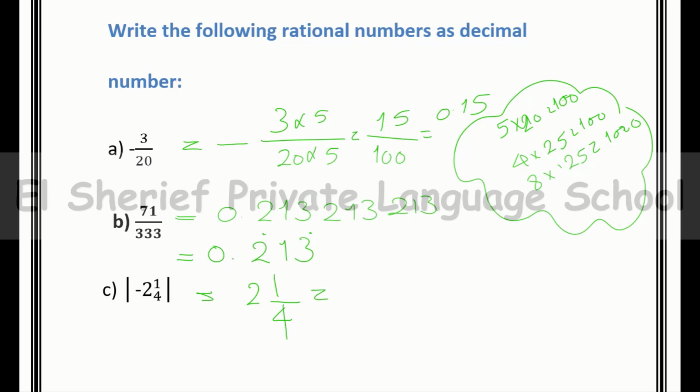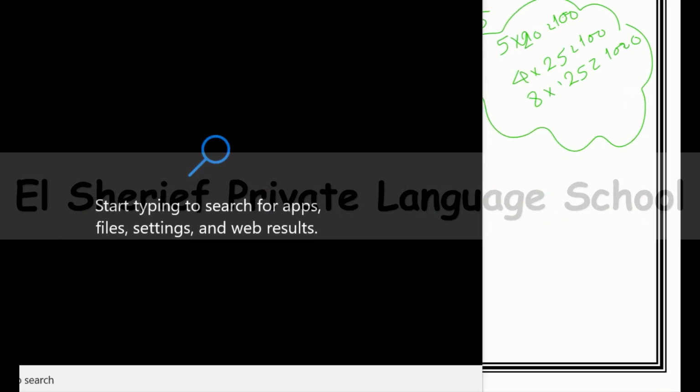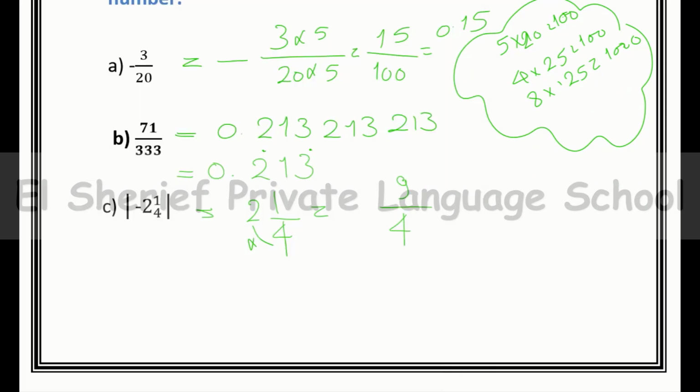After that, by the same way, I will find the same denominator, and 2 times 4 equals 8, plus 1 equals 9 over 4. Here I have the absolute value.